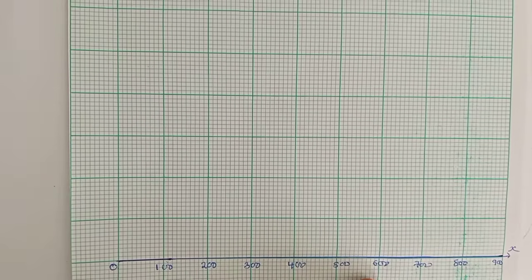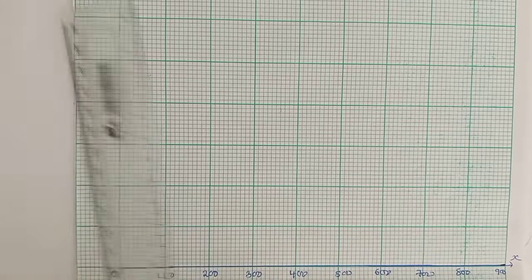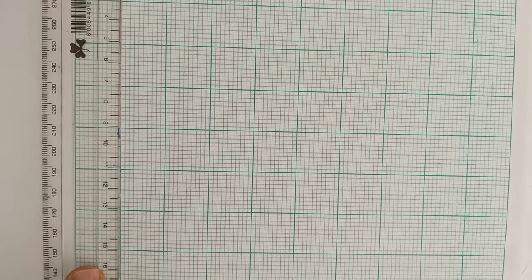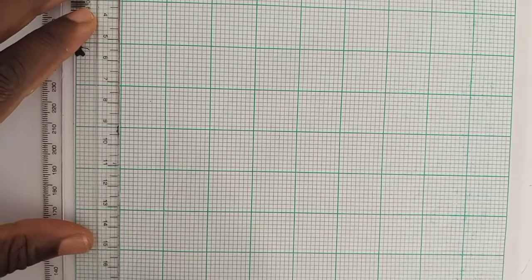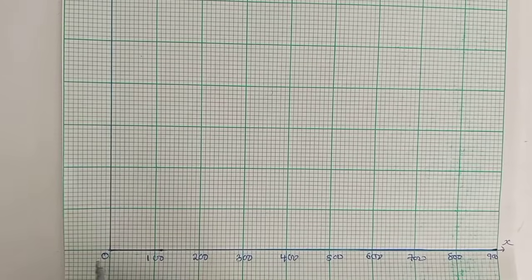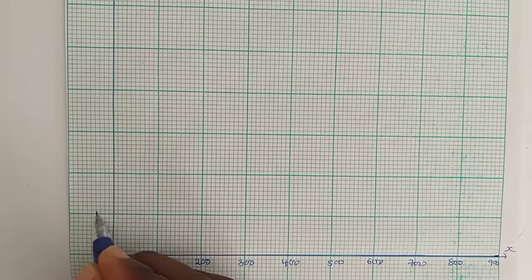We now go to the y-axis. So you join the y-axis just like this, going up. Here we have 0 also in hundreds.